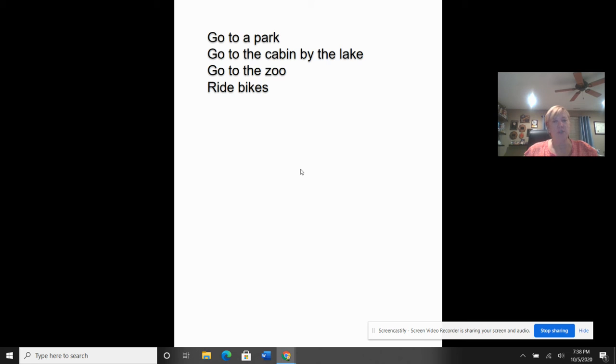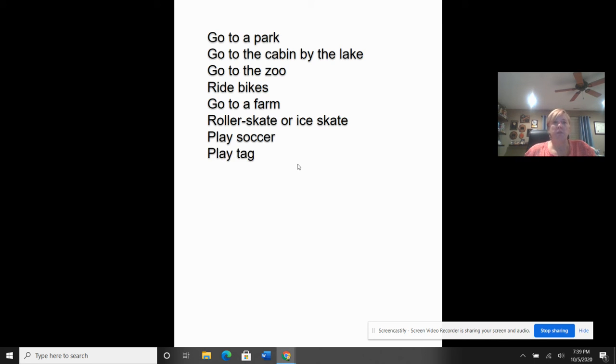Weather's great for it, especially now. Go to a farm, roller skate or ice skate. Indoors or outdoors, depending on the weather, right? Play soccer or some other sport that you might like them to do. Play tag, jump rope, or take Golly for a walk.